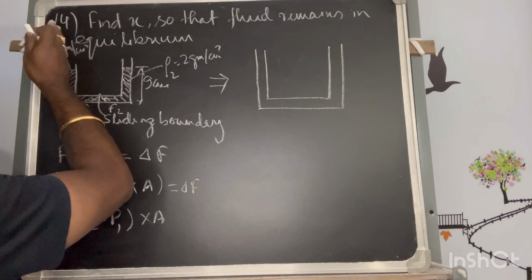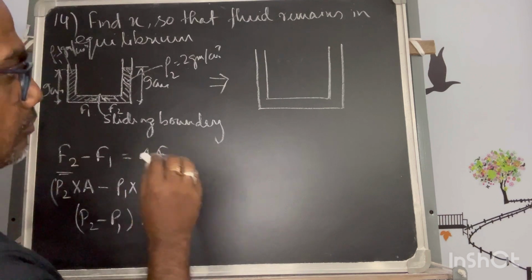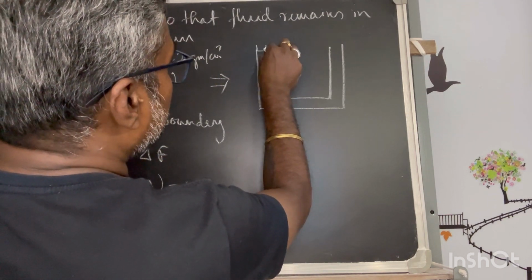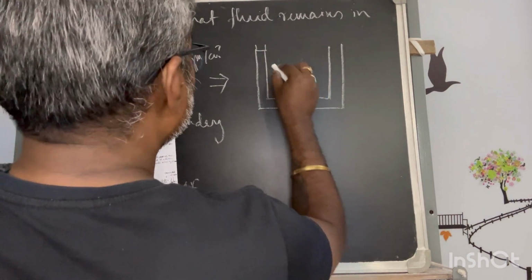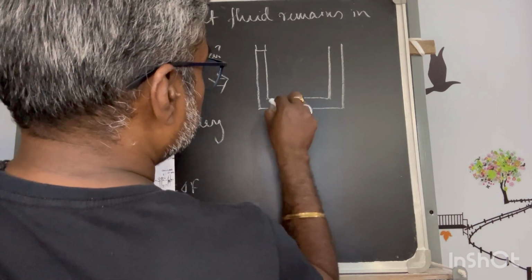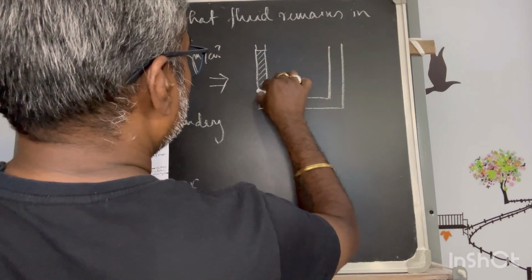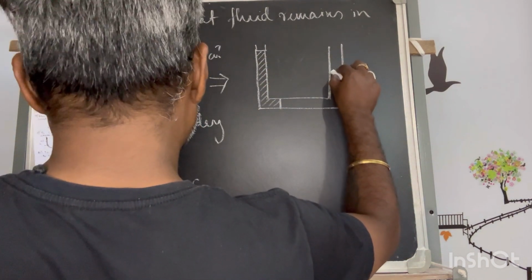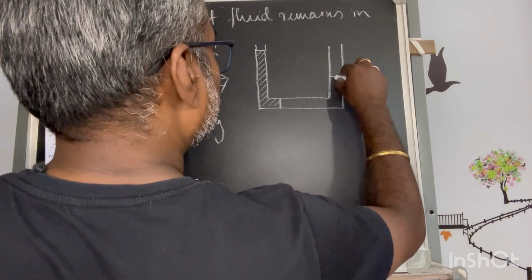So it will get some extra energy and come back. Slowly it will come down to equilibrium. Once it comes to equilibrium, the situation may be something like this: the sliding boundary will somewhere reach here, this arm will rise to this height, and this arm will come down to this height. Okay.